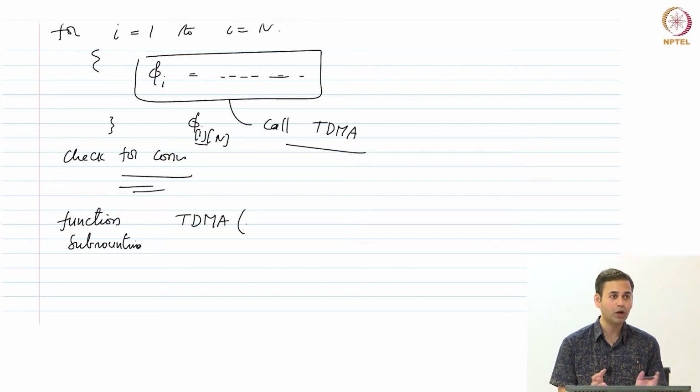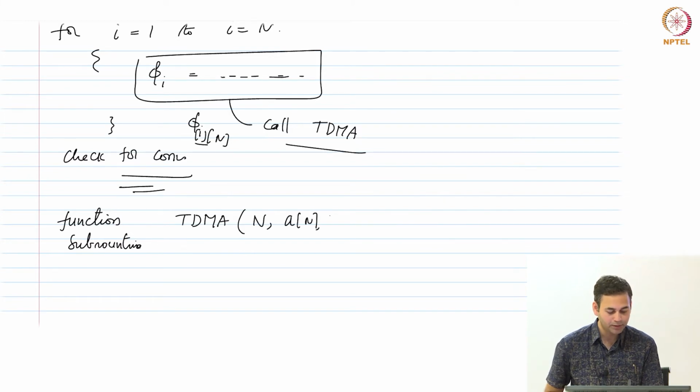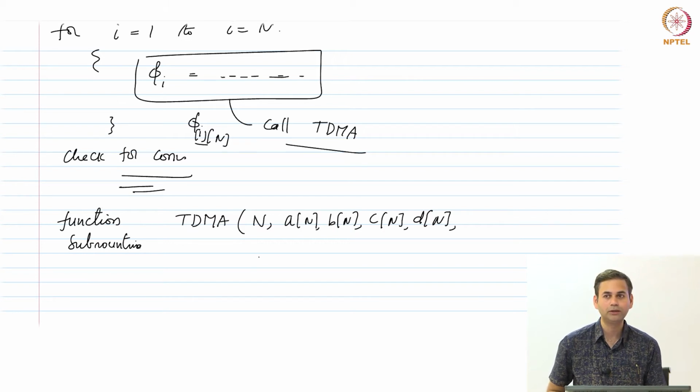So what all do you want to pass to the TDMA? It should be generic enough such that you can run it along the y direction or along the x direction. First you want to know how many cells to use, and then you pass the coefficients, an, bn, cn, and dn. Do you have to pass pi and qi?